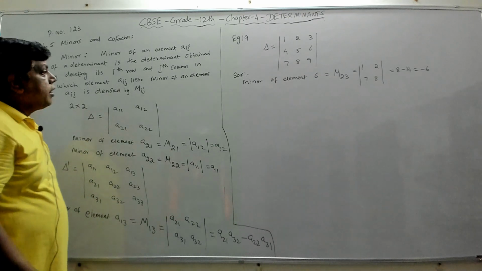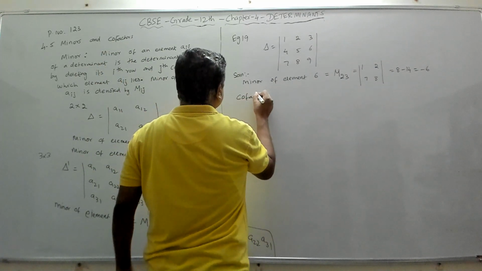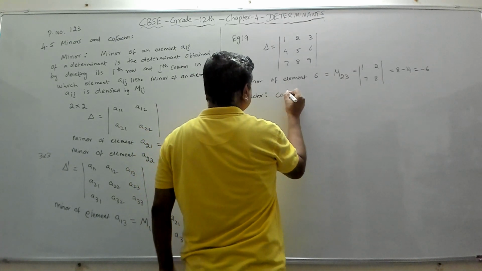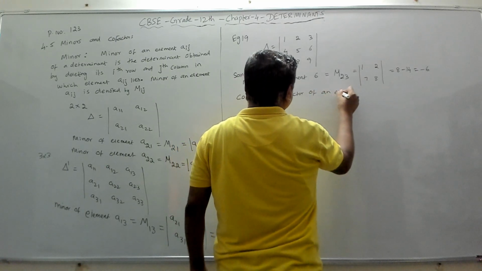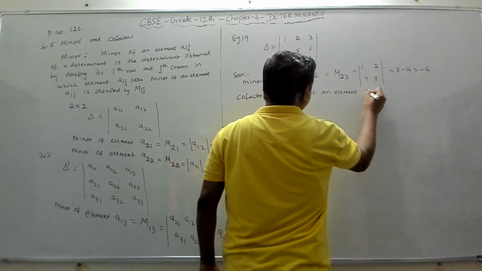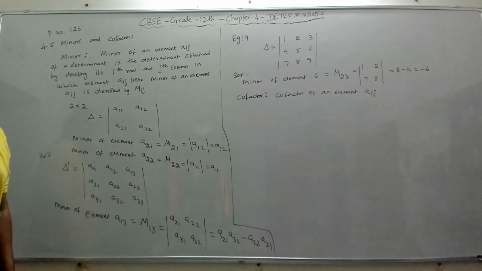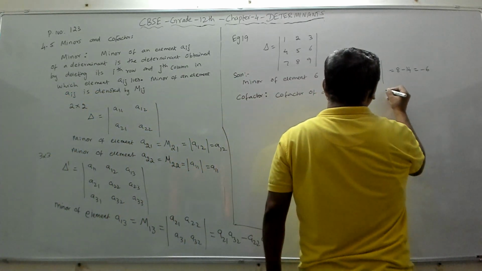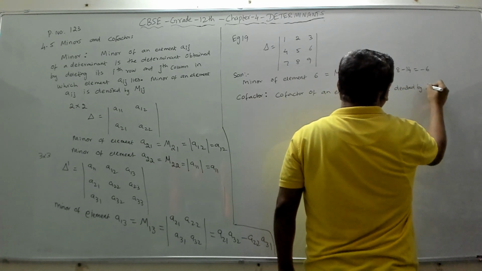Fine. The next concept that we have is cofactor. Now what is the cofactor? The cofactor of an element Aij is denoted by capital Aij.